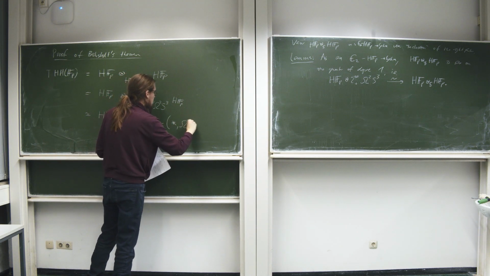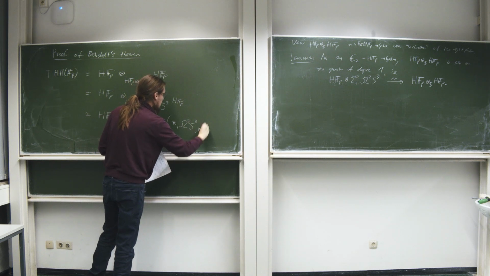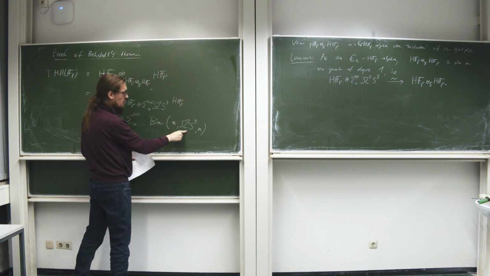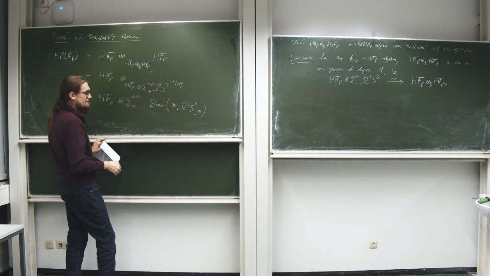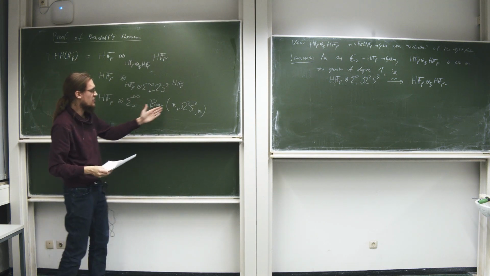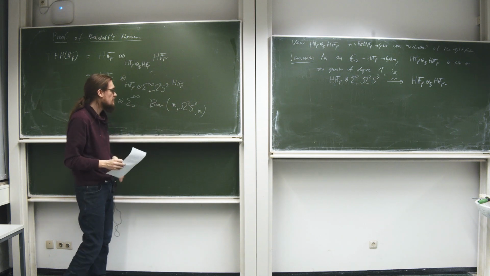Let me write that in this classical way: bar of point, loops 2 S3, point. So you're just thinking about the point as left and right module here.